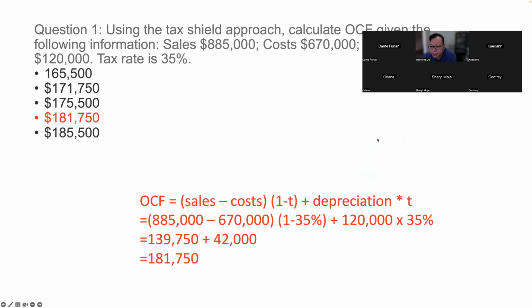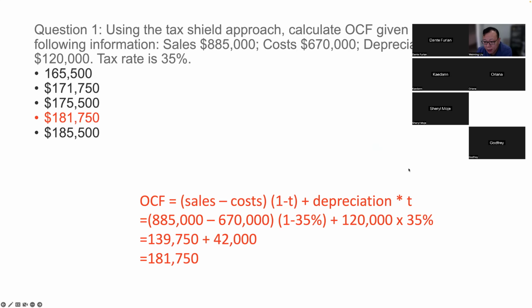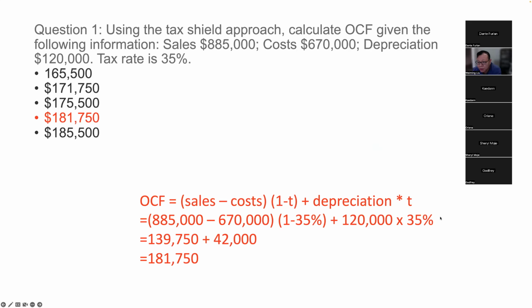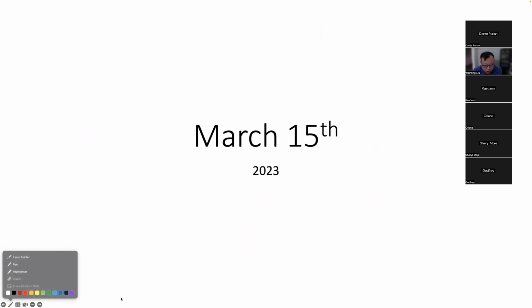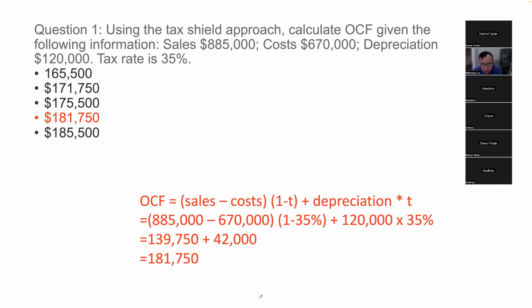Okay, so in that lecture video, I explained the 3 different approaches to calculate operating cash flow. One approach is called the tax shield approach.